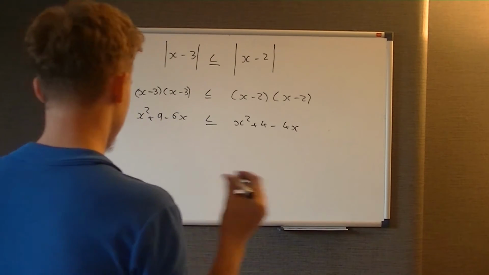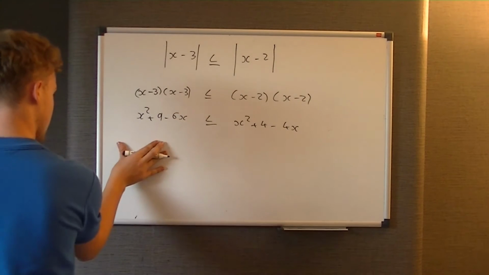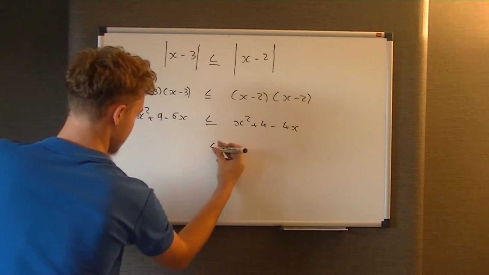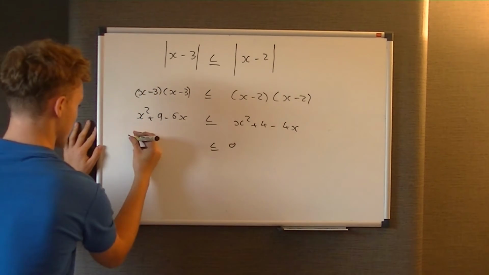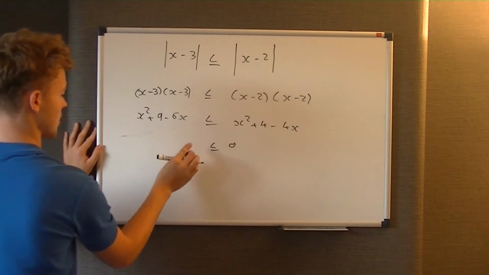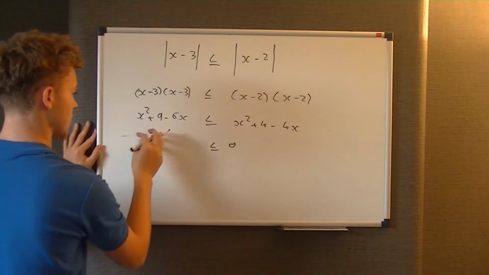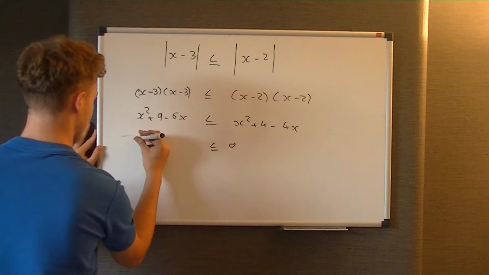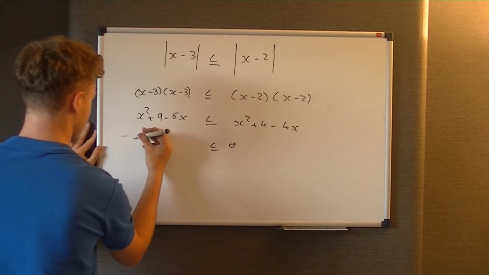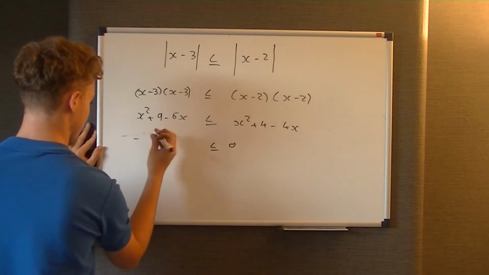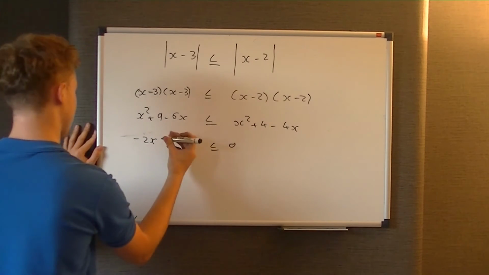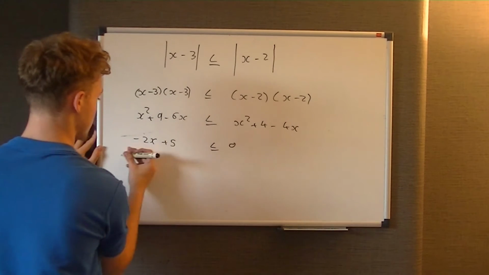Okay, so move all of this onto one side, so it's less than or equal to 0. Take away x squared from both sides, that gets us 0x squared, which I'm not going to need to write down. Add 4x to both sides, that gets us minus 2x. Take away 4, that gets us plus 5 on this side.